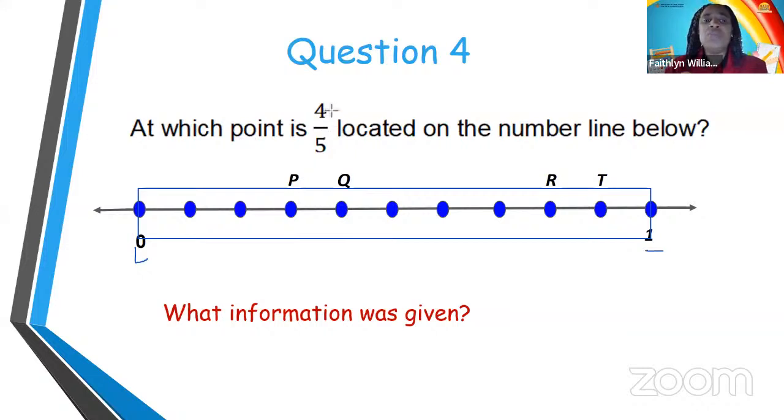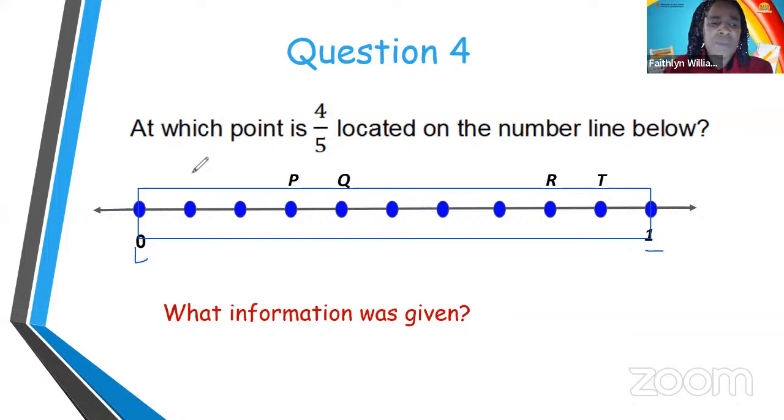If we're going to show 4/5, based on what Omari shared, the parts must be equal. For fractions, the parts must be equal. He pointed out earlier that we would have 5 equal parts. So how are we going to divide this number line into 5 equal parts?